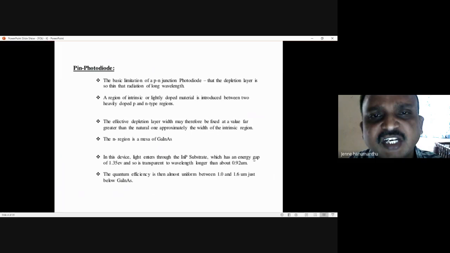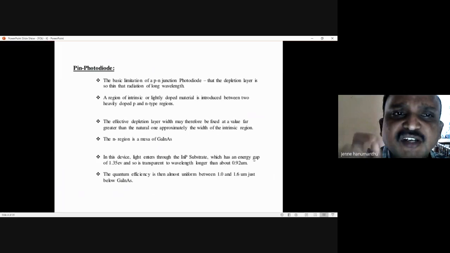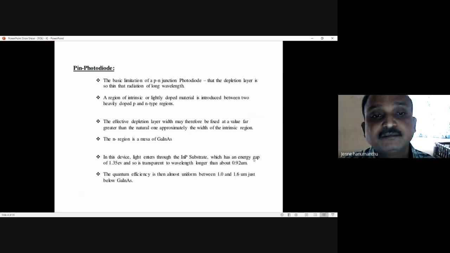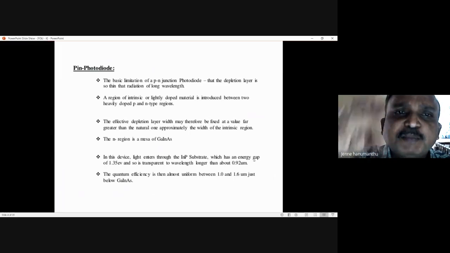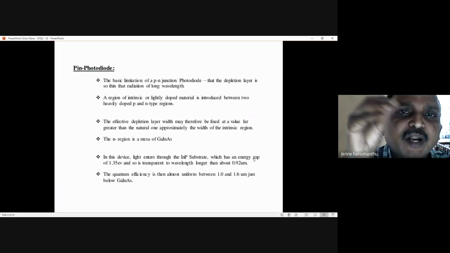The main function is this: at the end of the fiber the light emits and falls on the photodetector. The photodetector simply absorbs the light and converts it into an electrical signal. This is the main function of your photodetector: it converts the light signal, or photon, into the corresponding electrical signal.